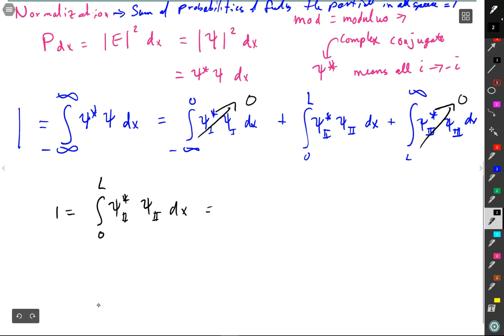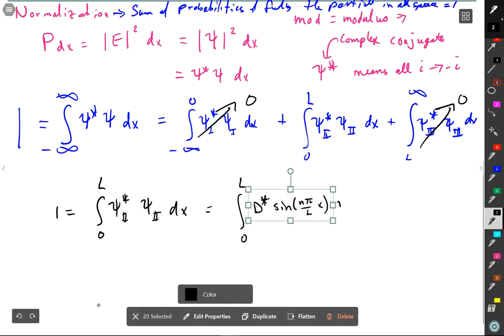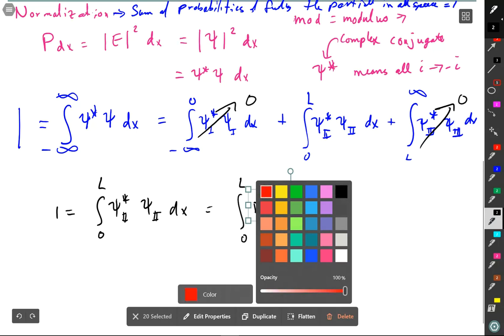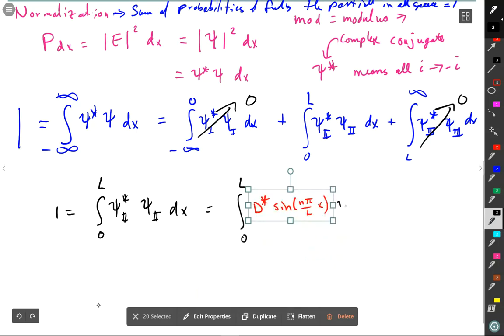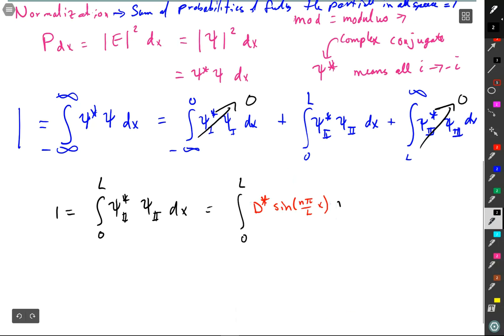Putting in our psi, in red I have psi star, and then in blue I'll put psi.